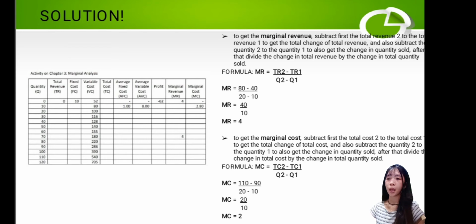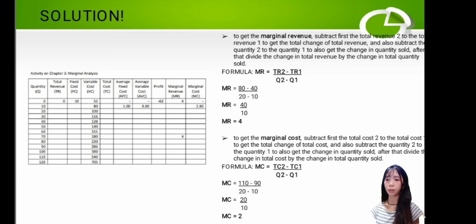Formula: MR equals TR2 minus TR1 divided by Q2 minus Q1. MR equals 80 minus 40 divided by 20 minus 10. MR equals 40 divided by 10. And MR equals 4.